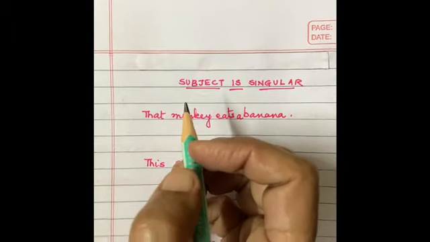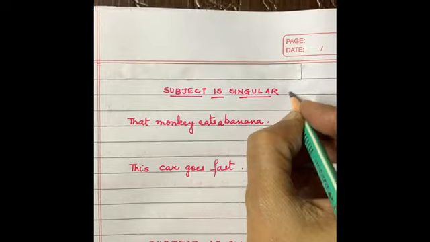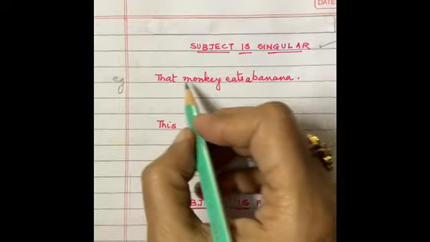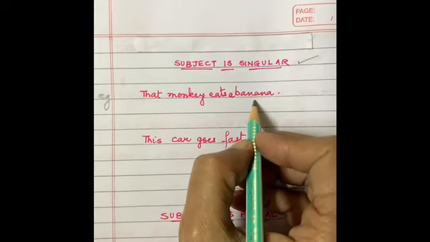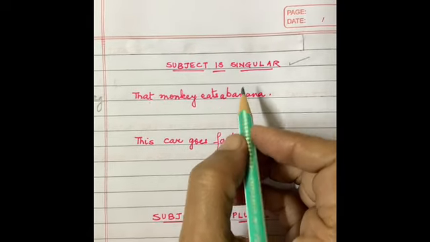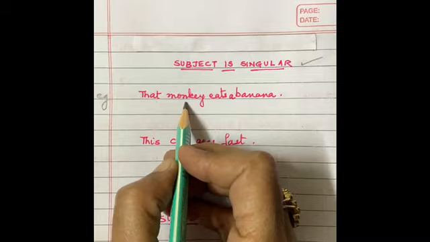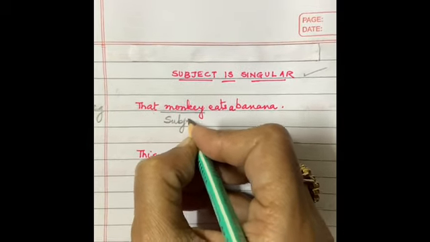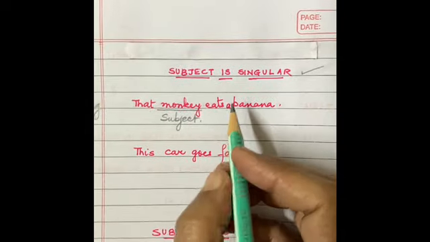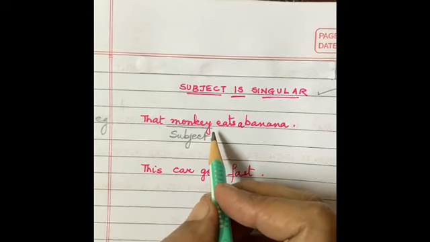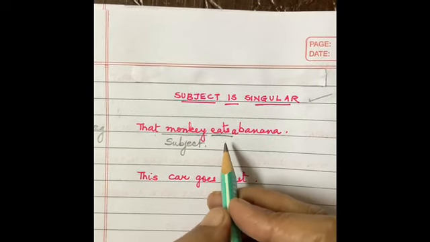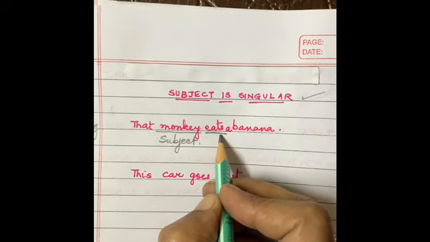Let's look into the example when the subject is singular. Example, that monkey eats a banana. Here the subject is monkey. So, the verb will also be singular. So, in this case, it is eats.